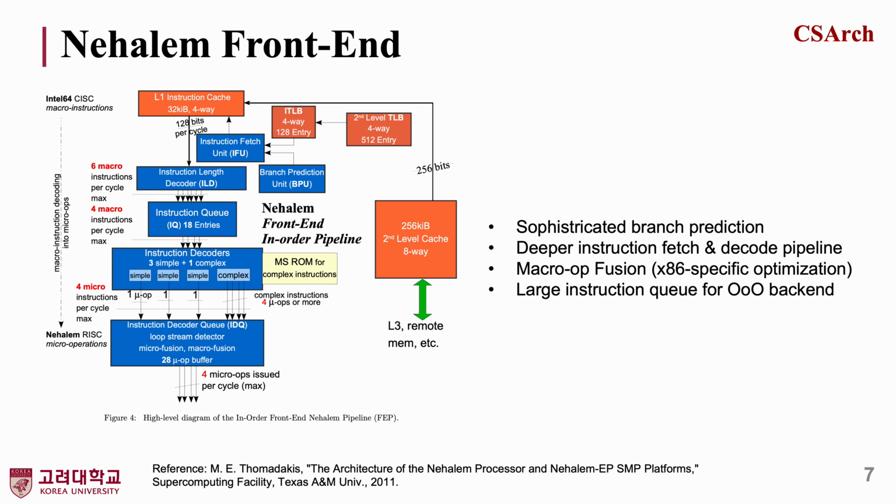For example, a compare followed by a branch can be merged into a single micro-op. That reduces pressure on the backend. Finally, the decoded micro-ops go into a larger queue, which keeps the out-of-order engine busy. Overall, the front end becomes deeper, faster, and more efficient.